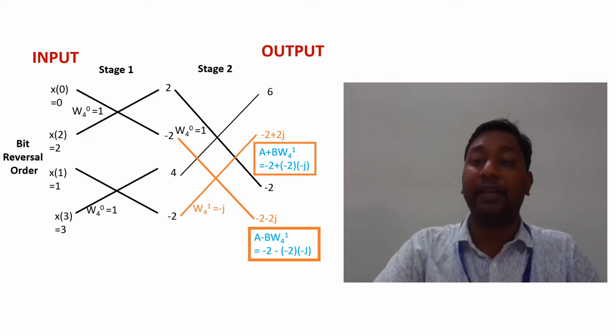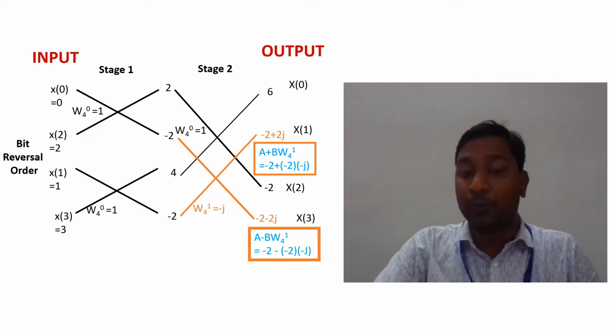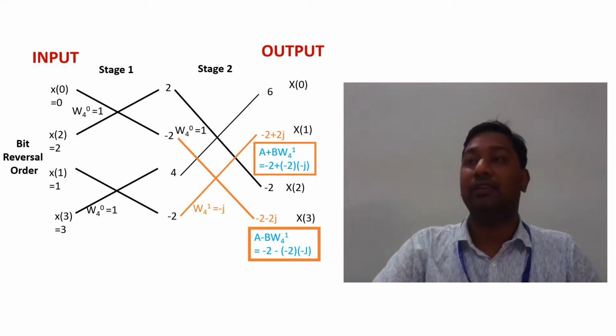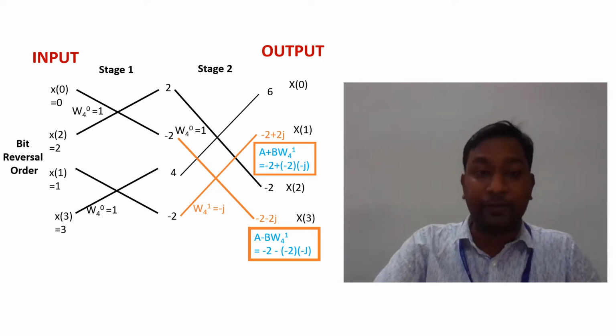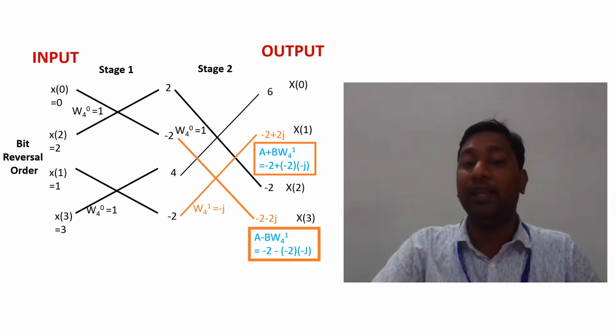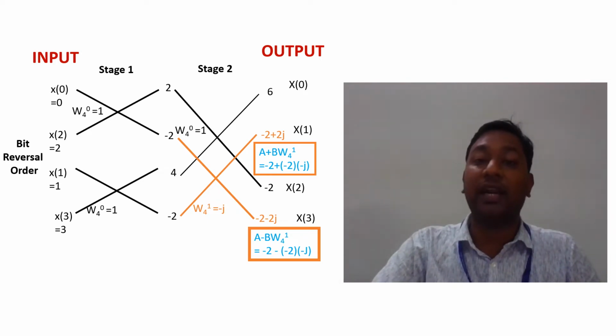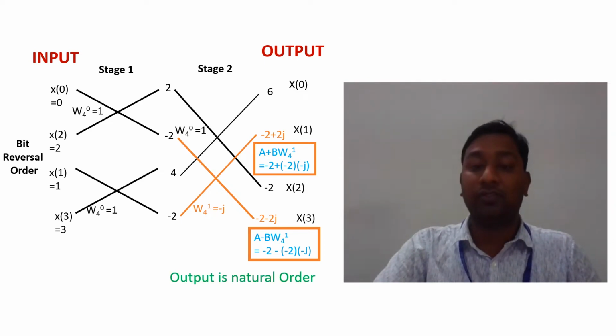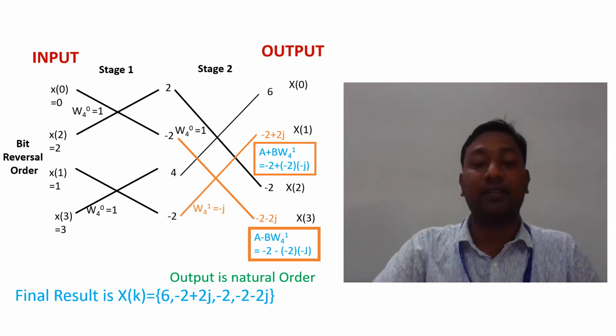The input is in bit reversal order, but the output is in natural order: x of 0, x of 1, x of 2 and x of 3. So the answer is x of k equal to 6, minus 2 plus 2j, minus 2, minus 2 minus 2j.